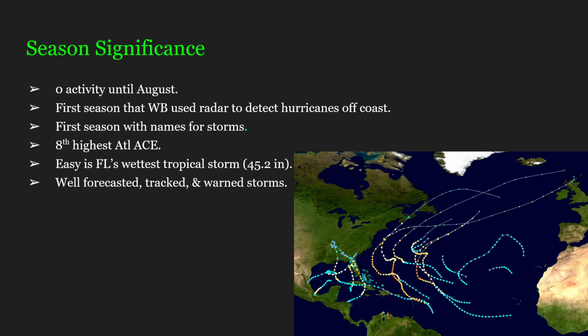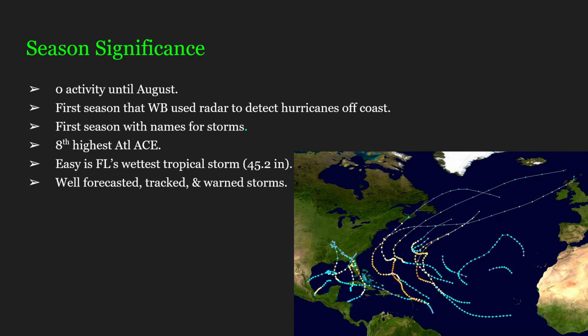One of the last points here is that Hurricane Easy is still to this day Florida's wettest tropical storm. Just near where it made landfall at Cedar Key, it dropped 45.2 inches of rain. Again, to this day, Florida's wettest tropical storm.